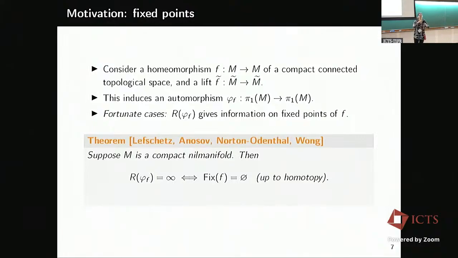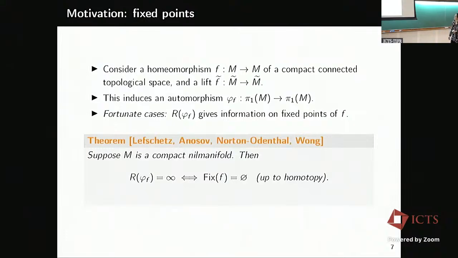So you can deform it continuously so that you get rid of all fixed points. In particular, if you know that this group has R infinity, you know that every homeomorphism will be at least homotopic to a fixed point free homeomorphism.